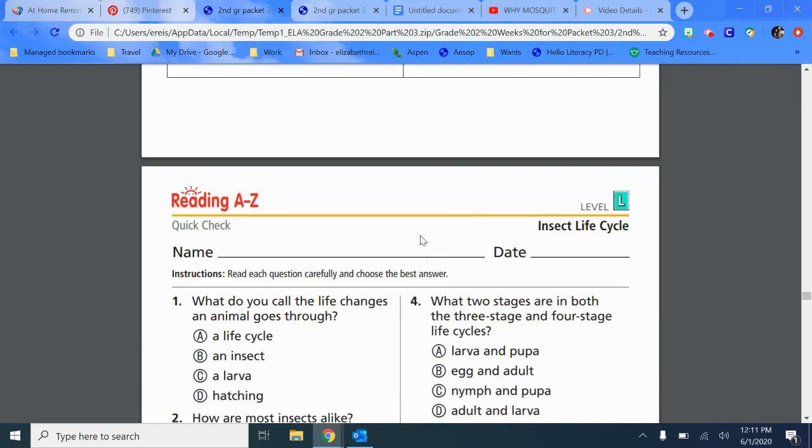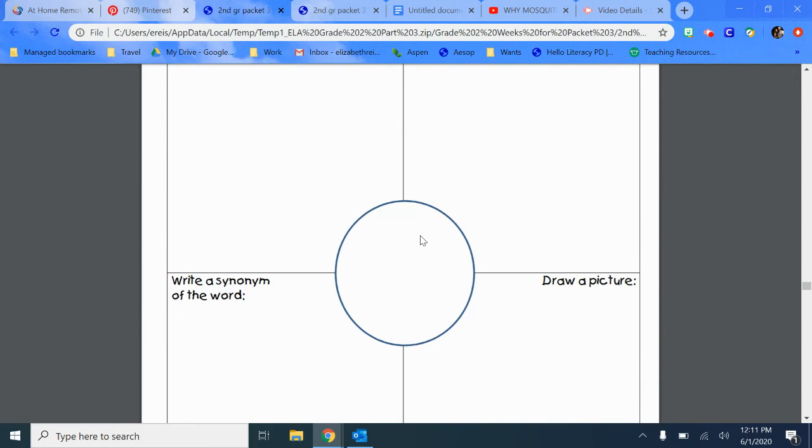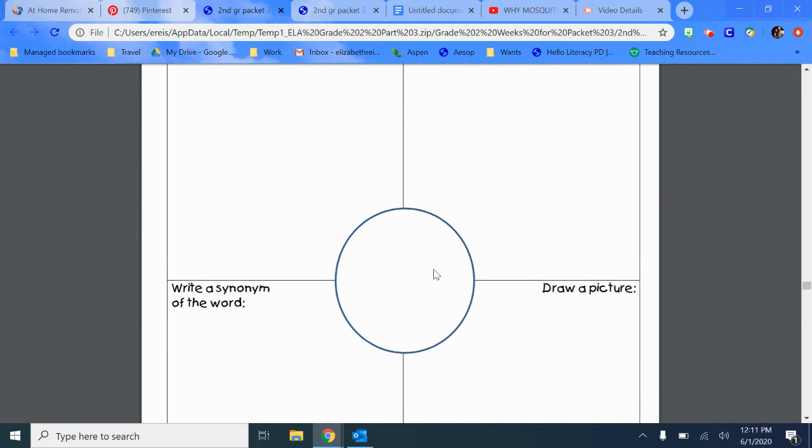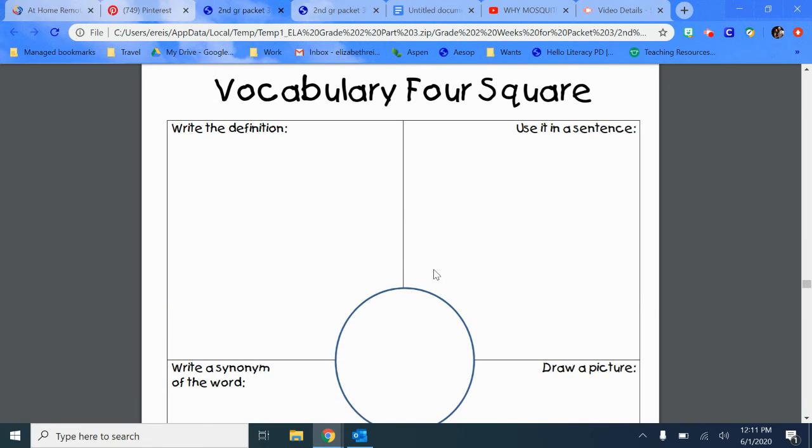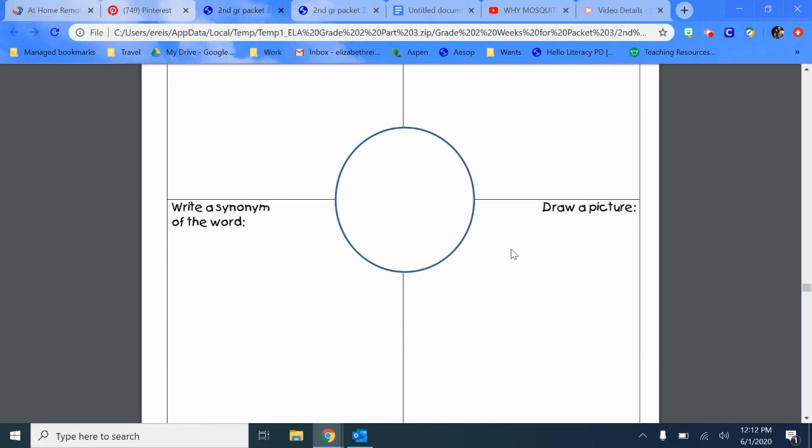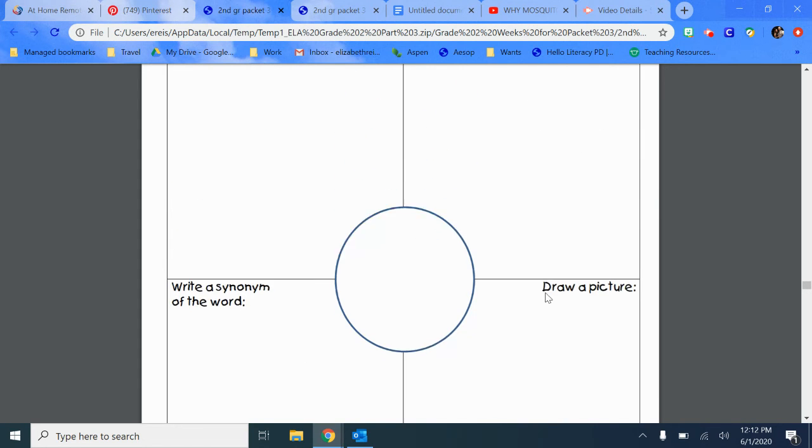The next thing you're going to do is choose one vocabulary word from the text, and you're going to do a vocab foursquare. So the word will go in the circle, your definition here, a sentence here. This box is a word that's like the other word. And then you're going to draw a picture.